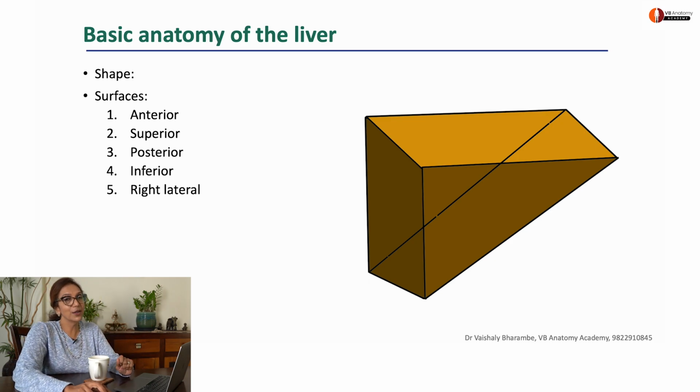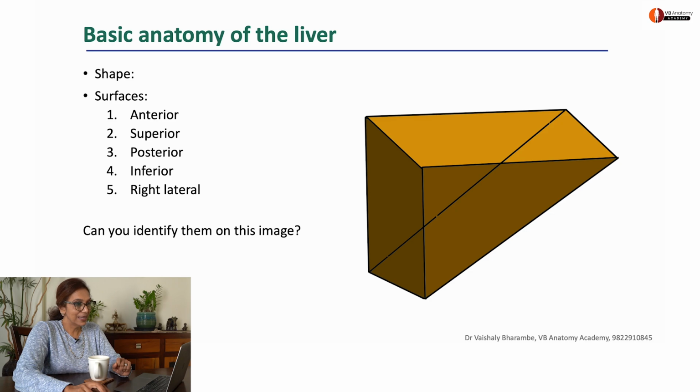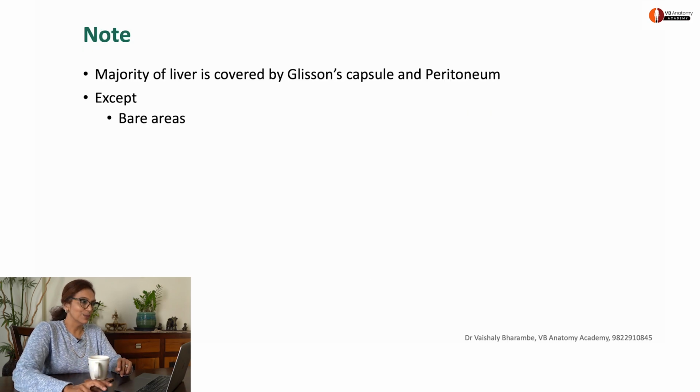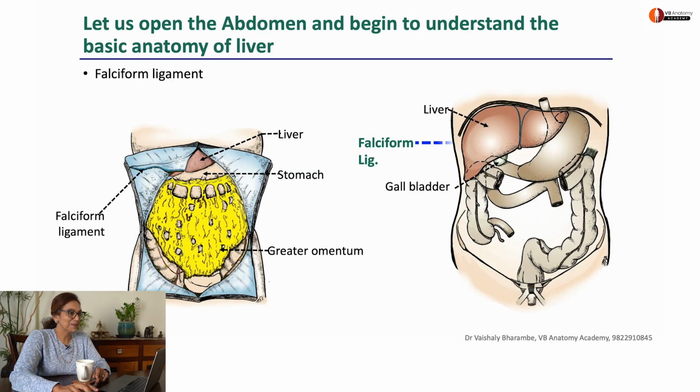They're all here. Can you tell which is which? Yes. So this is anterior surface, superior, posterior, inferior, right lateral. Easy? So all of these are covered by the Glisson's capsule and a few areas are left bare, which are called bare areas.